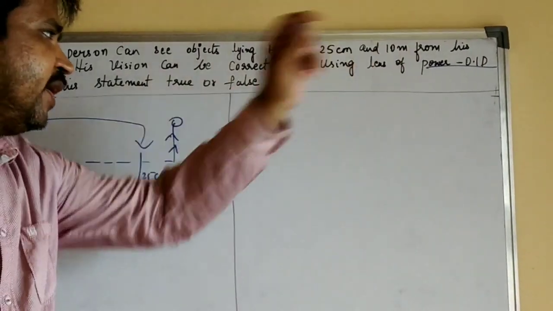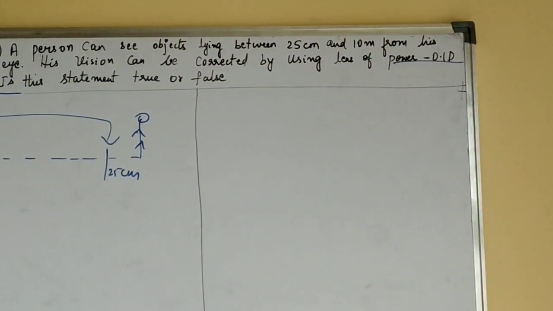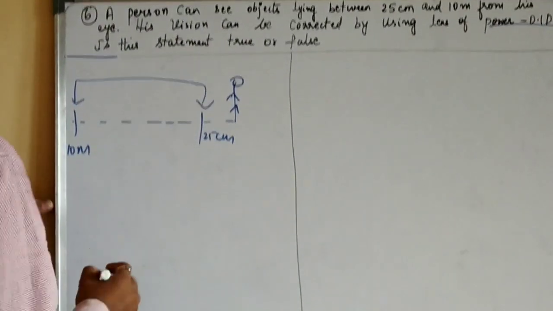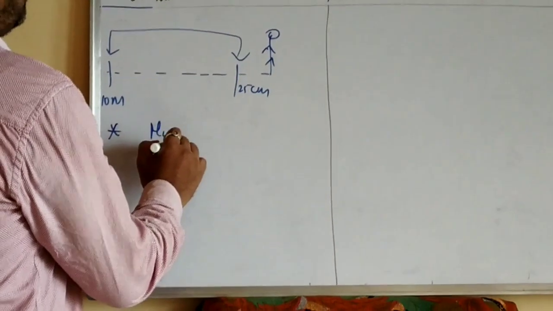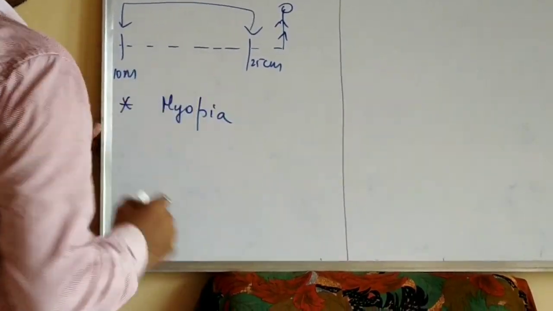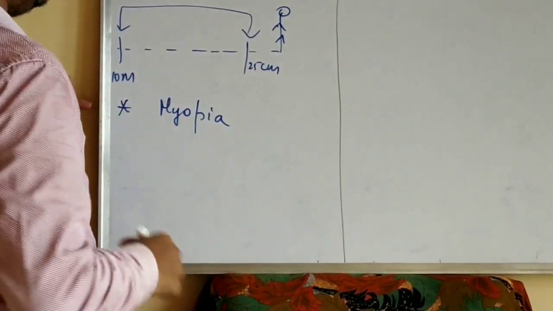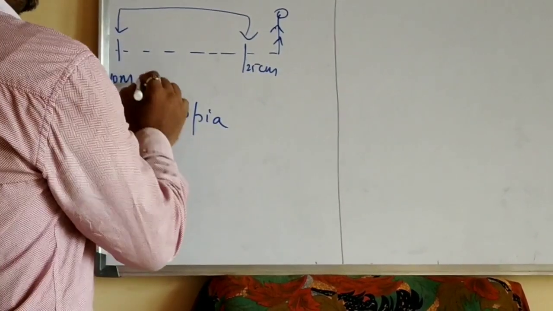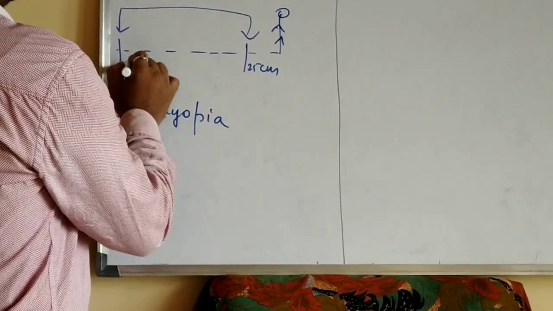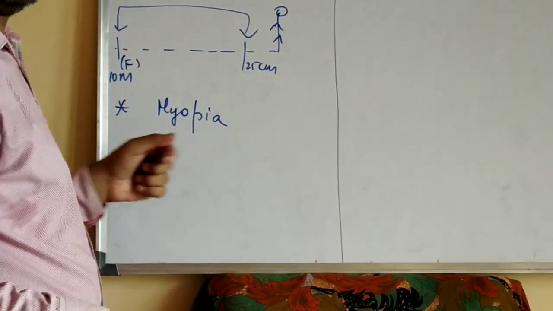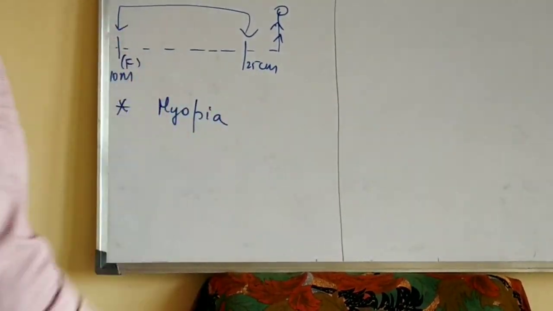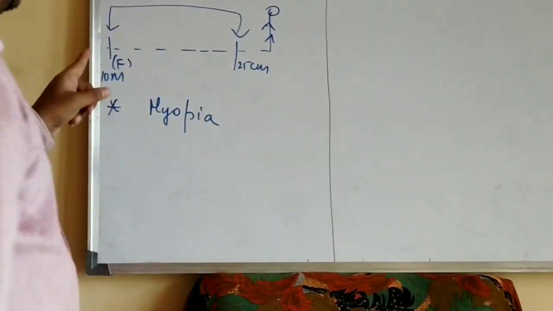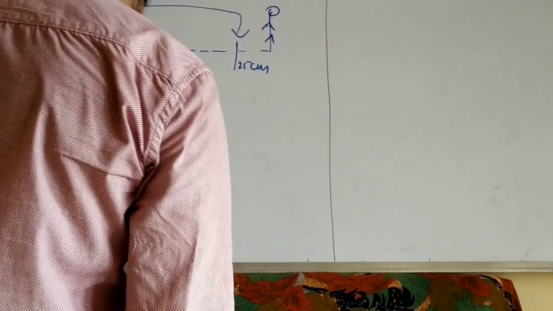Since the power is negative, this person is having myopia, right? The range is again being given, for a myopic person. This is the far point and this is the near point. We don't want the near point, we want only the far point.